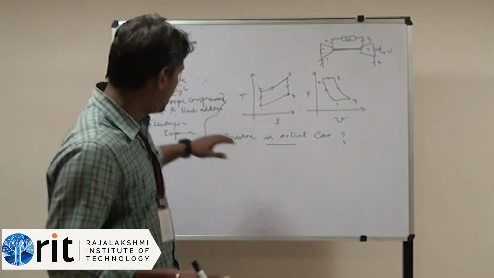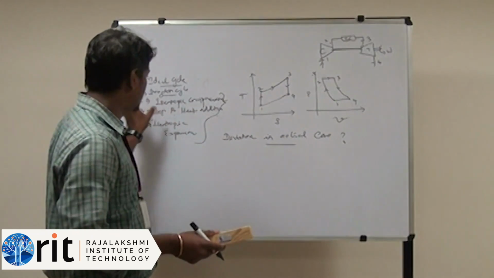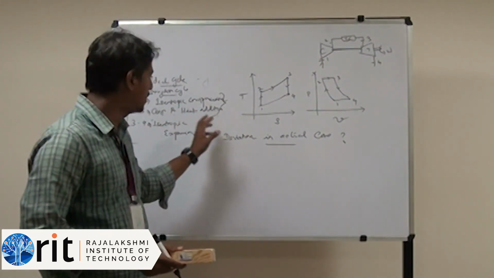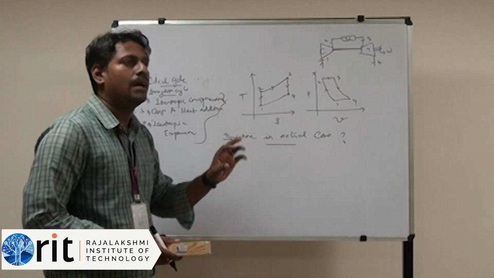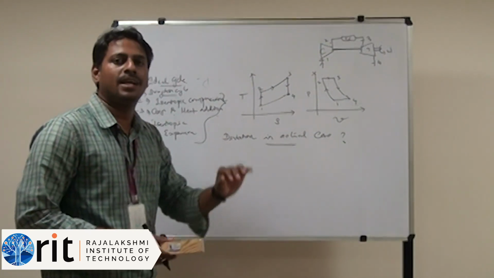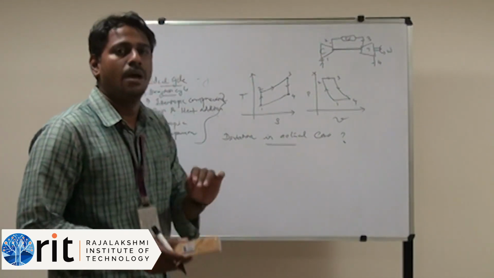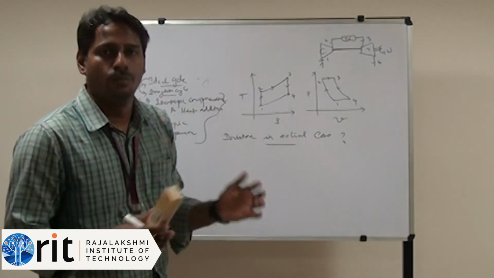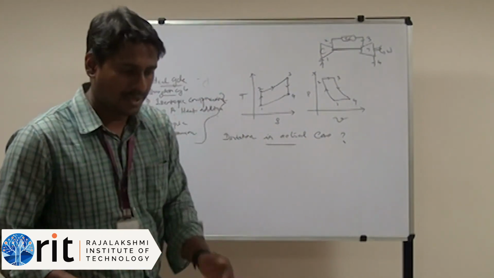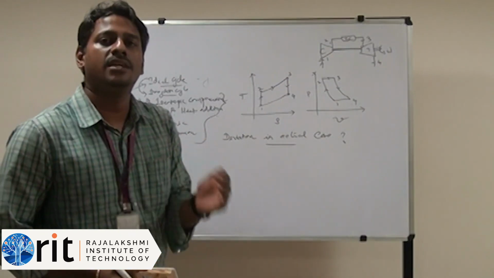So what are we saying? We are saying that the 1 to 2 process is isentropic compression, that is a reversible adiabatic compression process. Similarly, 3 to 4 is a reversible adiabatic expansion process. But in the practical case, that is not possible. There will be friction, heat generation, and heat loss.